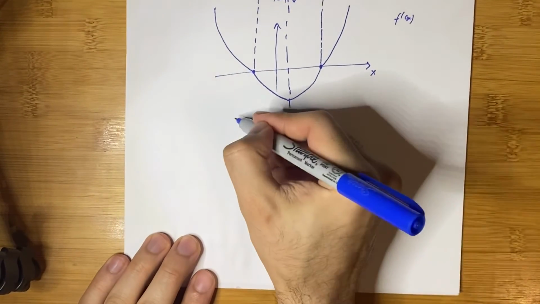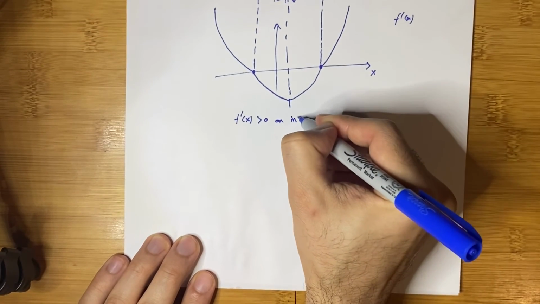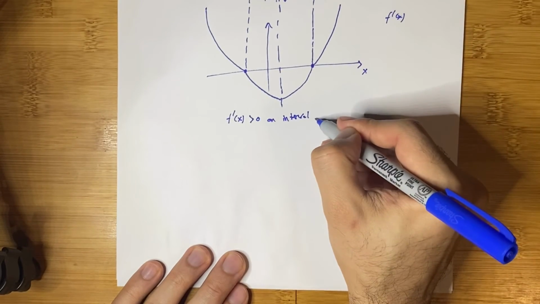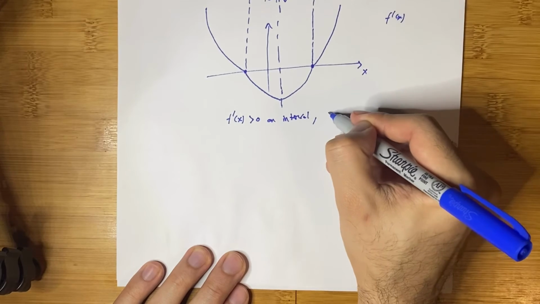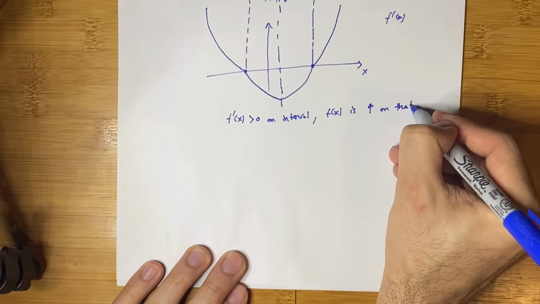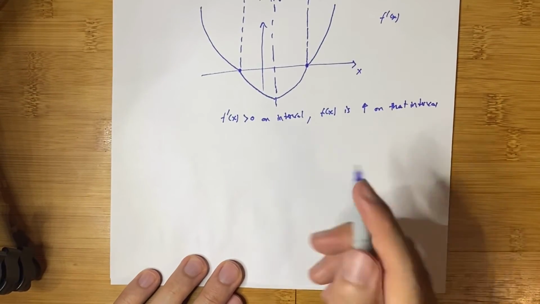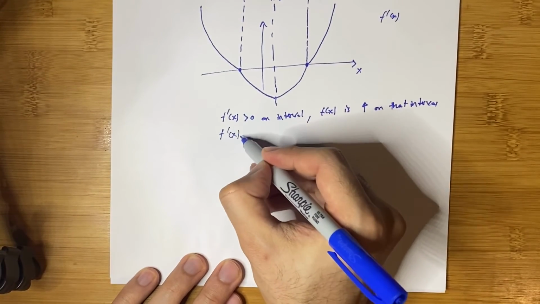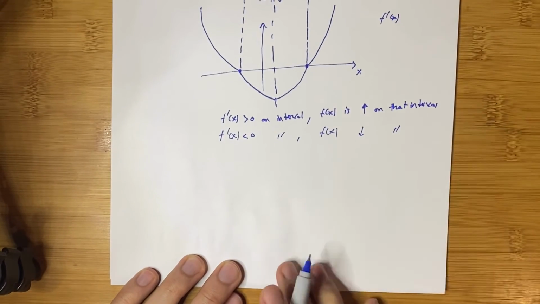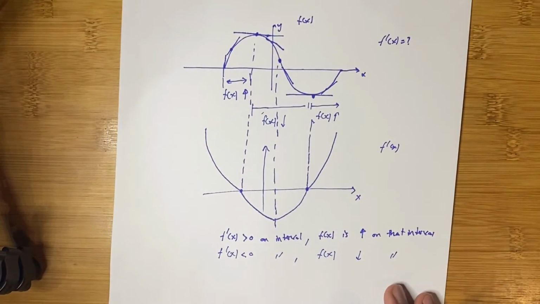It says f prime of x is positive on an interval, then f of x is increasing on that interval. And it's the same thing, f prime of x is negative on an interval, f of x is decreasing on that interval. And actually we can see that in these two graphs.